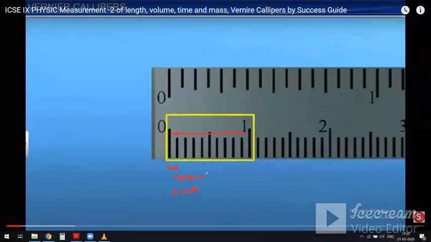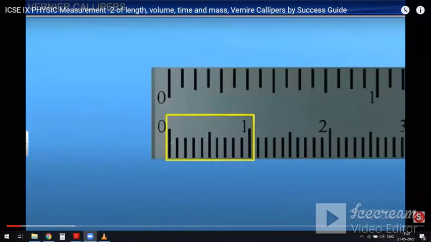All right. So the 15 centimeter scale that you have in your compass box has a least count of 1 mm. Hope your doubt is clear. And 1 mm is also written as 0.1 centimeter. One of your friends is having a doubt. Yes, 1 mm.